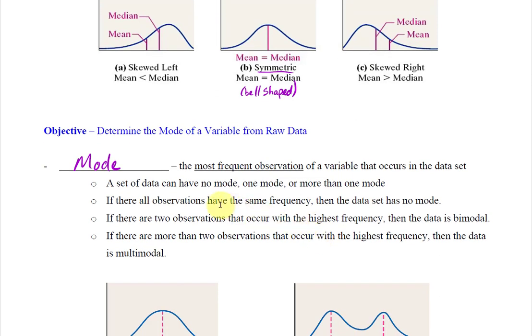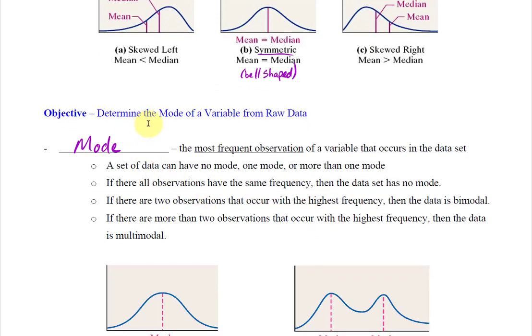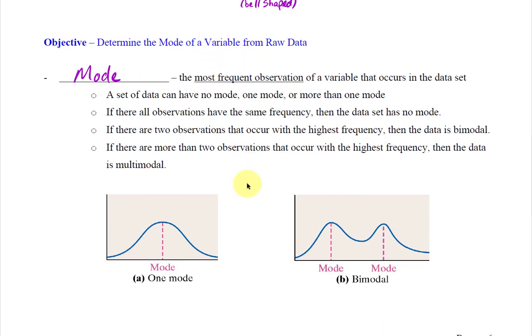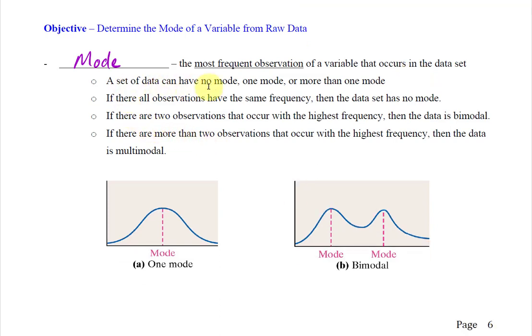The next objective is to determine the mode of a variable from the raw data. The mode is the most frequent observation of a variable that occurs in the data set. A set of data can have no mode, one mode, or more than one mode. If all observations have the same frequency, then the data set has no mode.